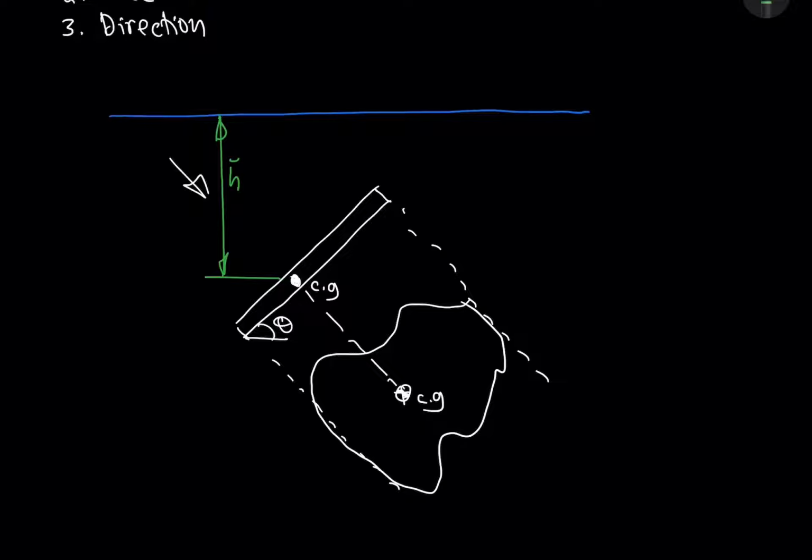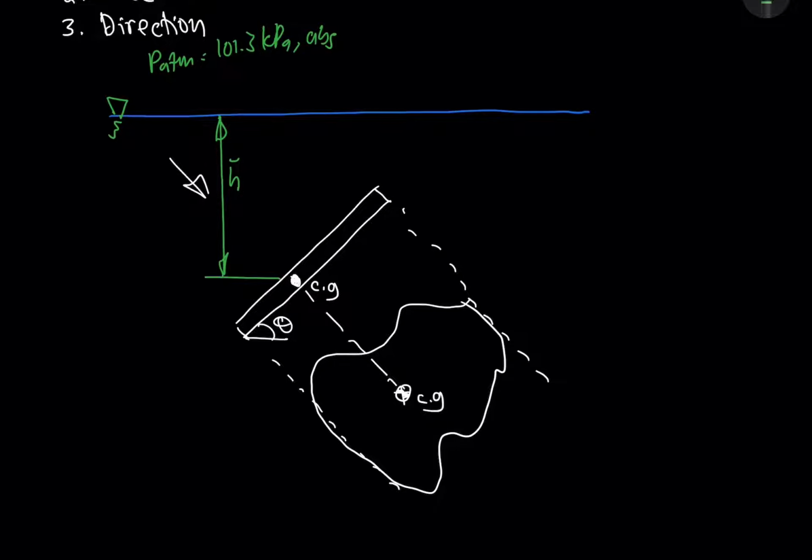Now we know that on this free surface we have P atm with a value of 101.3 kilopascal in terms of absolute. This atmospheric pressure is forcing the free surface of the water, and of course the water will also give forces or pressure to the plane surface.